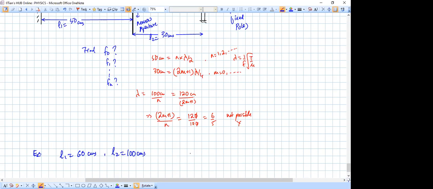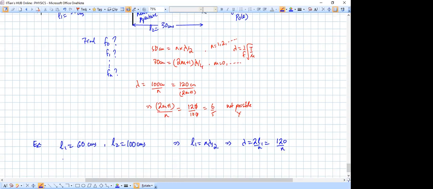then here what will happen, L1, which is n lambda by 2, will give us that lambda is equal to 2L1 by n. So that is 120 by n, and L2 is 100.